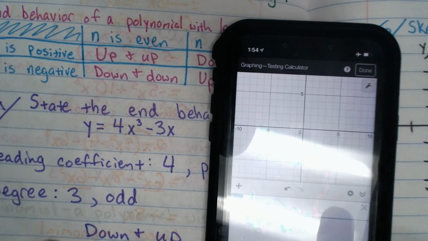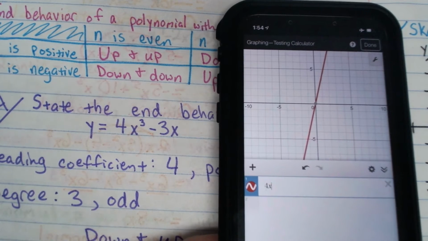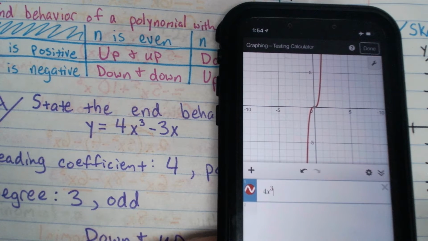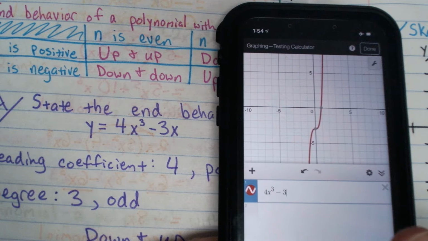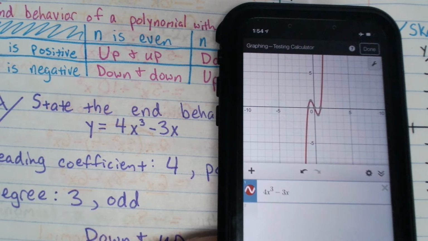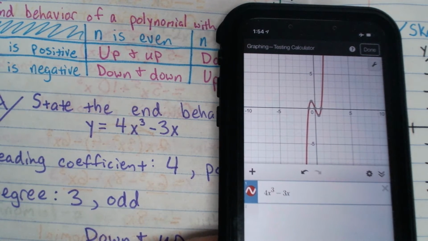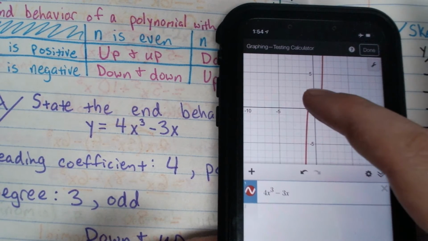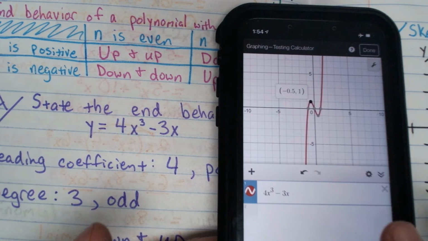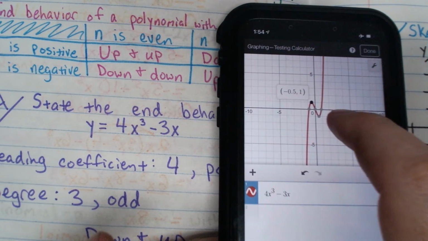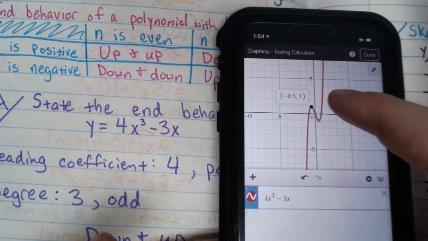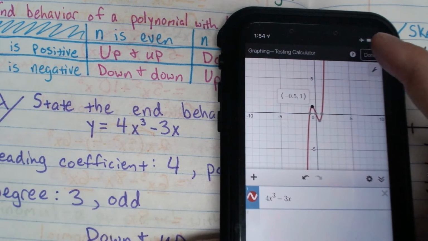So let's say 4x to the third power minus 3x. So this looks a little bit different from the parent function of our cubic, but we're still going down to the left and up to the right. There is some different stuff happening in the middle that we're about to talk about, but the end behavior at the very far left is going down, and at the very far right is going up.